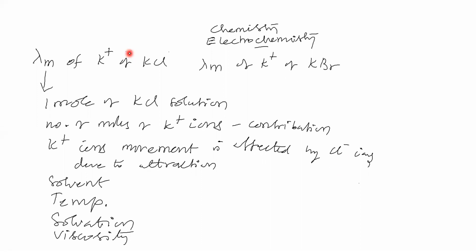Because the nature of the Cl minus ion and the Br minus ion is different, so the magnitude of attraction is different. You are saying that the size of Cl minus and Br minus is different, therefore the attraction is different.